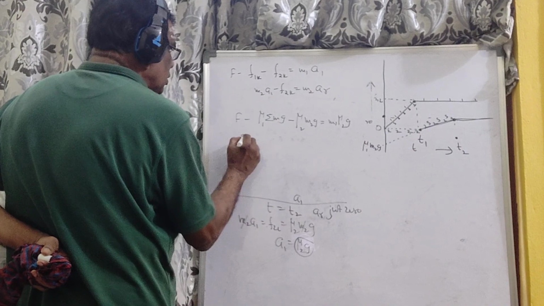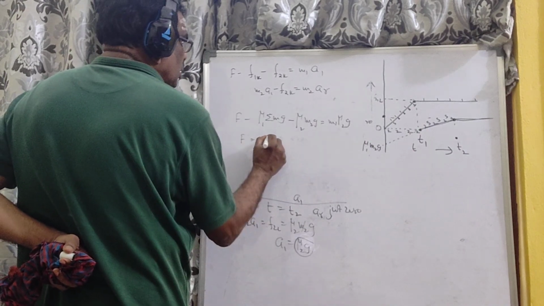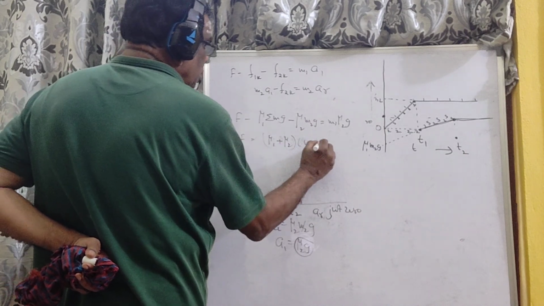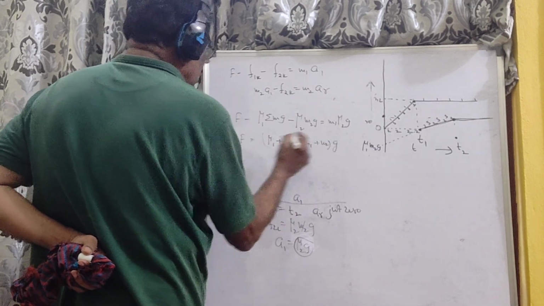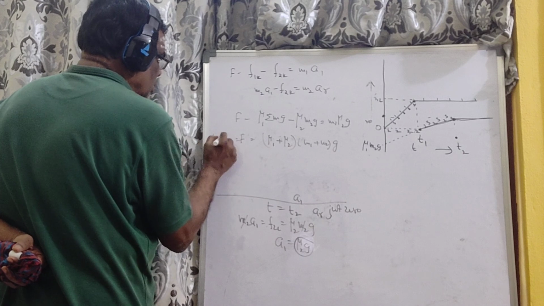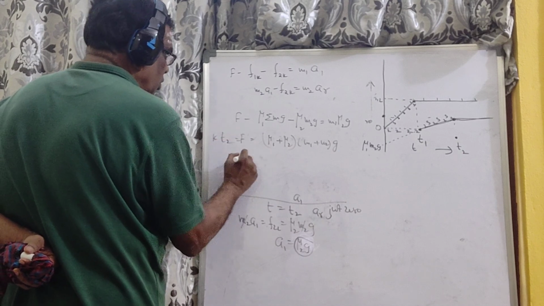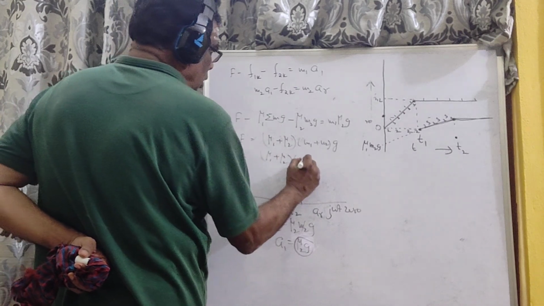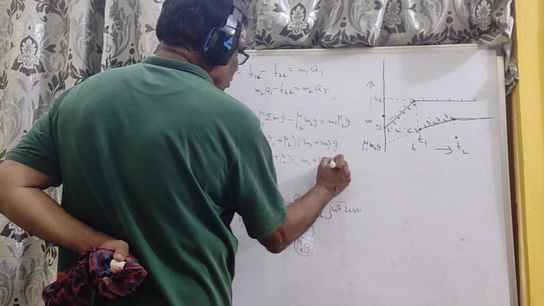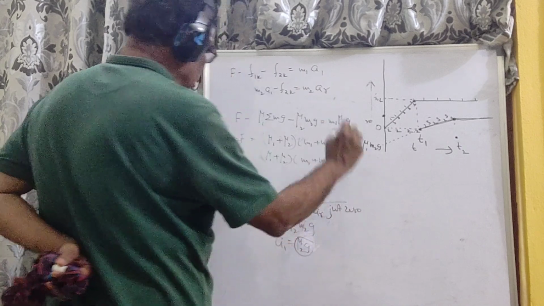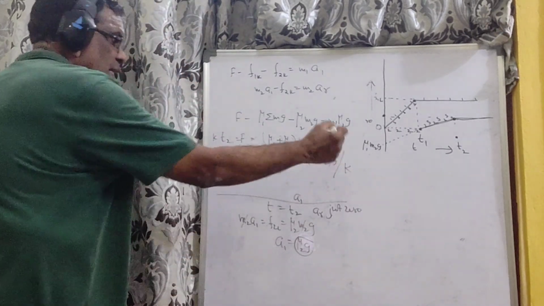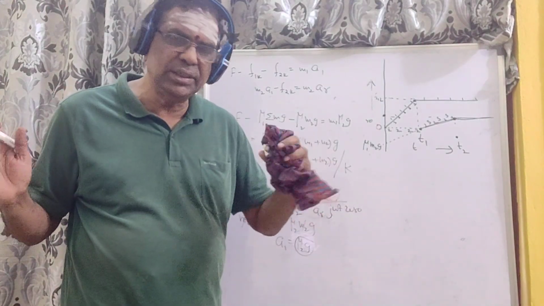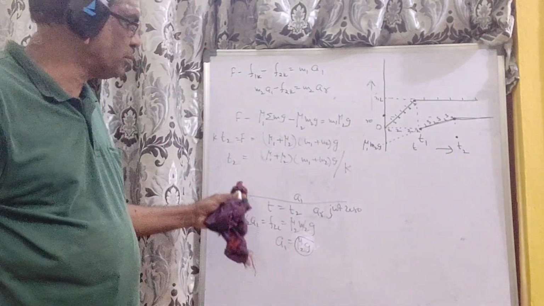So F is equal to (mu1 plus mu2) times (M1 plus M2) into G. And this is equal to KT2. Therefore, all this should be divided by K. This is the time it starts slipping. Till this time the whole system moves together.